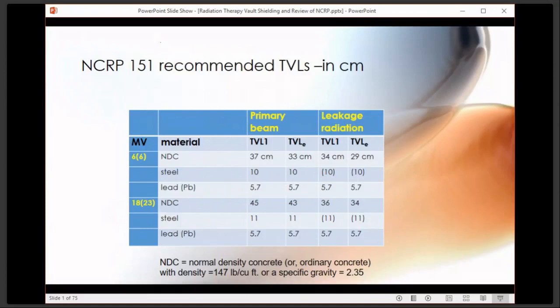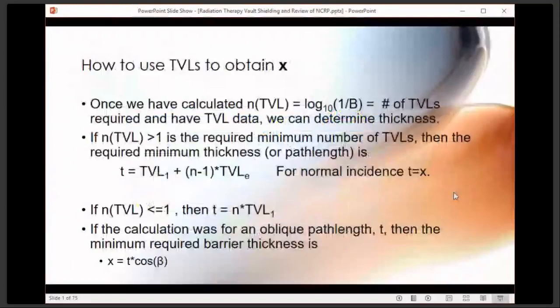And many contractors have to be urged to make their concrete 147 pounds per cubic foot, which is what we calculate on, because it isn't guaranteed the contractor will do that unless you tell them they have to. All right, so how do we use these TVLs to obtain the barrier thickness?